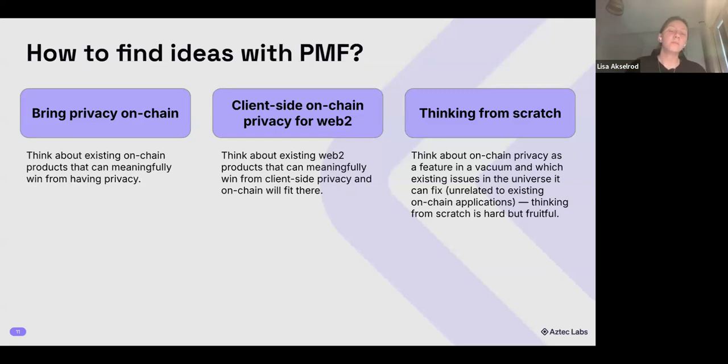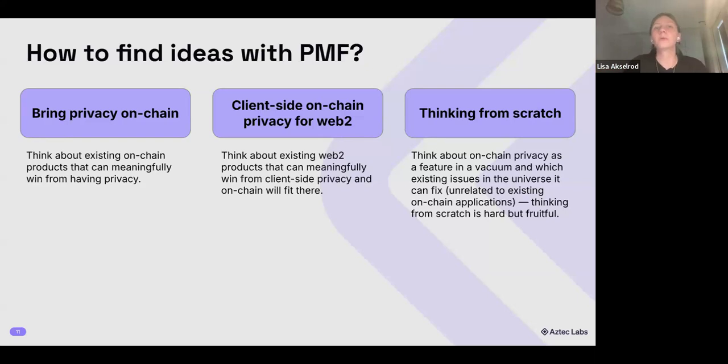The second thing, what if we add client-side on-chain privacy for Web2? Again, Web2 is almost infinite, with a lot of applications, a lot of domains, so think about what problems exist in there that can be fixed with client-side on-chain privacy. And here also there is a caution that it might sometimes feel that if we add privacy, it becomes better. I think a lot of people know Farcaster or these on-chain social applications.